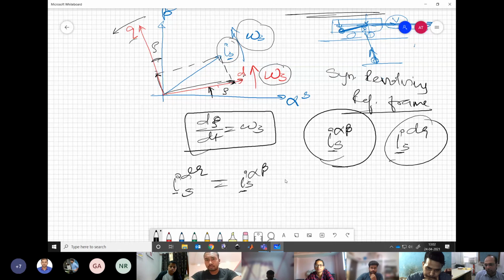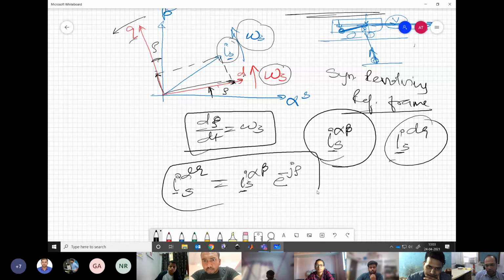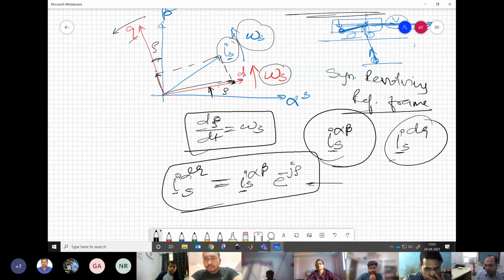What I need to multiply here? E to the power minus j delta. Minus j rho. It's not delta. Correct. Similar to how we were transforming to the rotor reference frame, we were simply multiplying by that angle, what it is forming with that native reference frame. Simple.